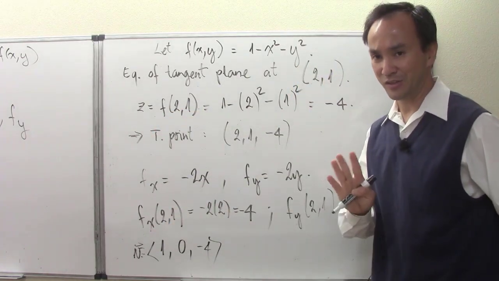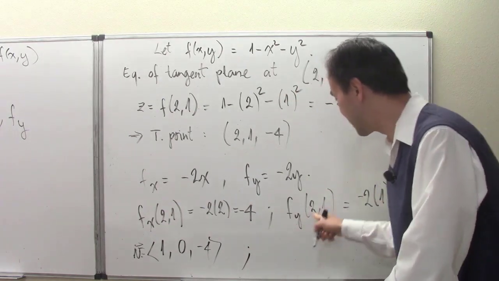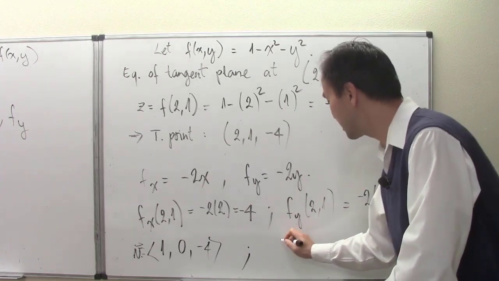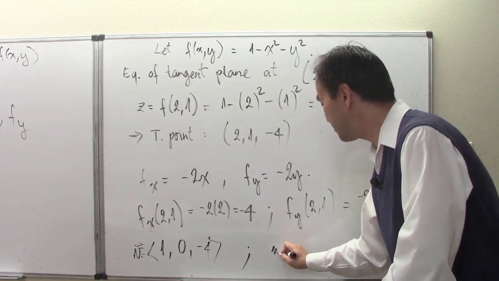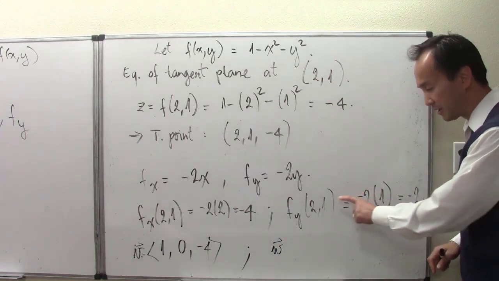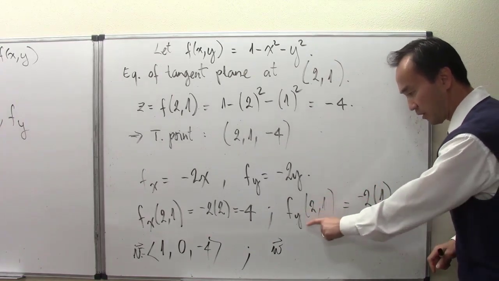Now similarly, I'm going to do the other vector, w. This is the slope of the tangent line along the y-axis. Minus 2 is the slope of the tangent line along the y-axis.